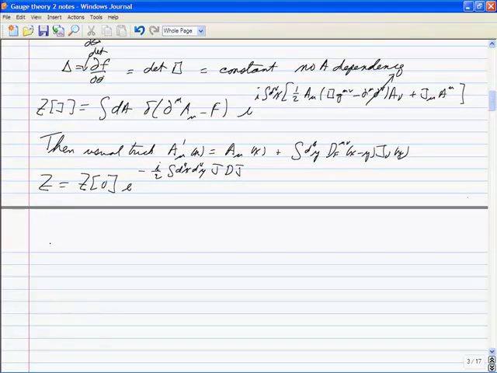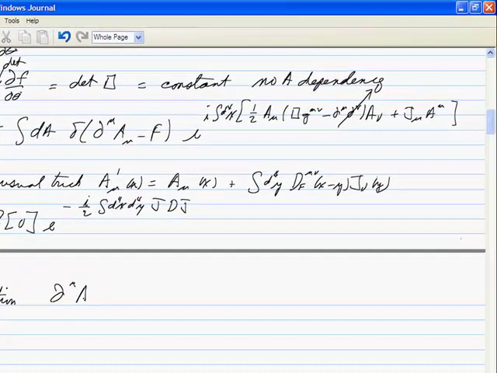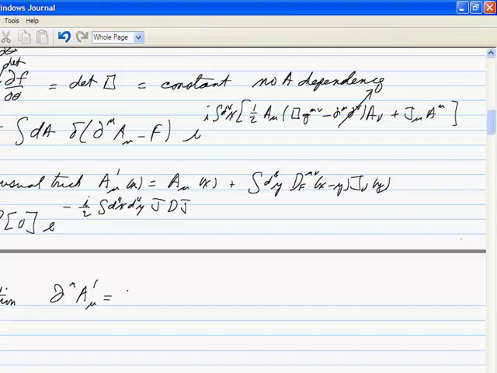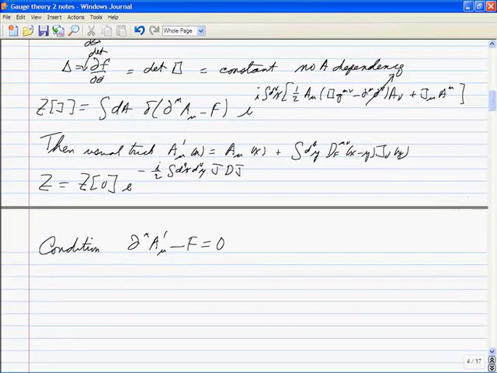Okay, the one condition we do have to check is that d mu A prime mu is also equal to minus f, equal to 0 also. In other words, this satisfies a particular gauge condition. So we have to check that.